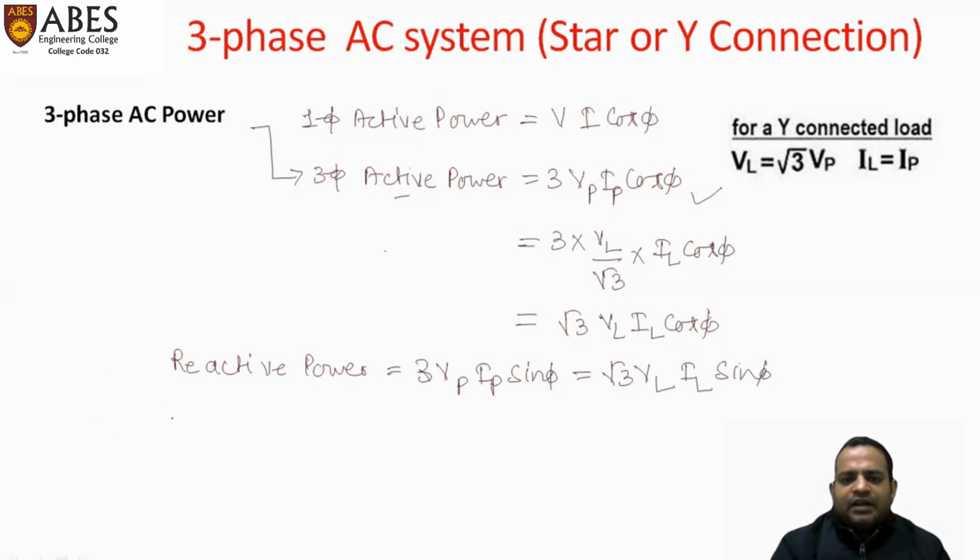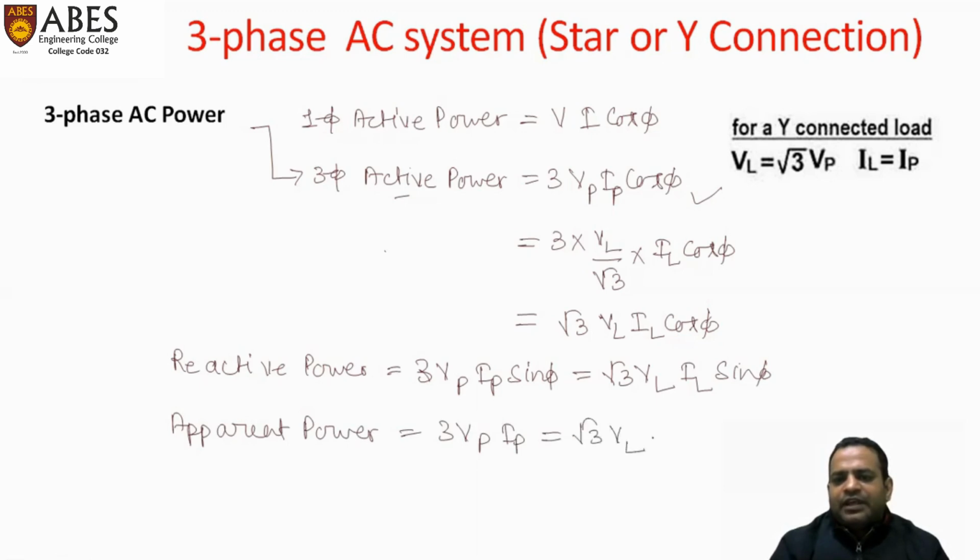Similarly, our apparent power is thrice of Vp Ip in terms of phase quantities, and root 3 times VL IL.